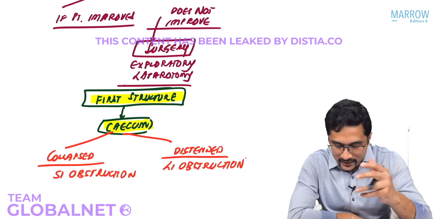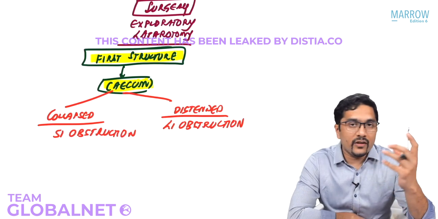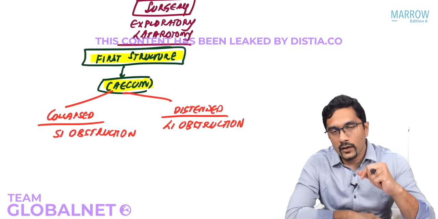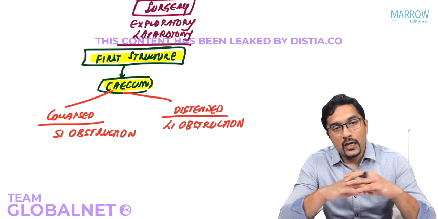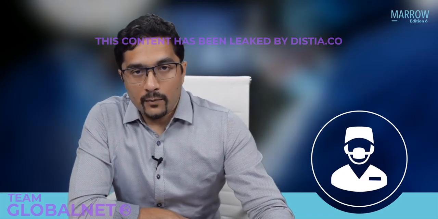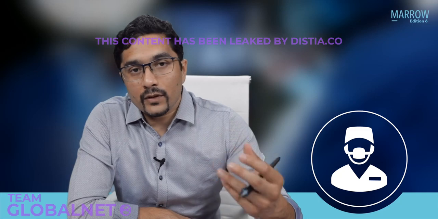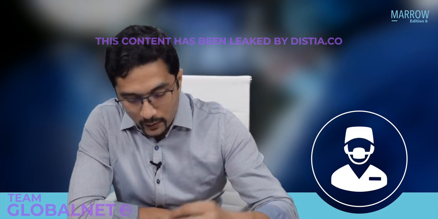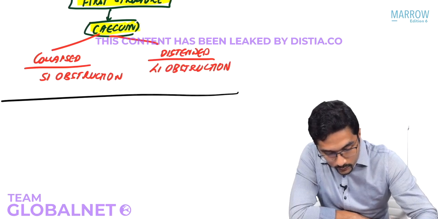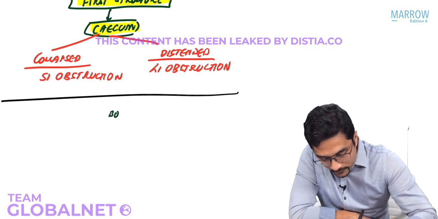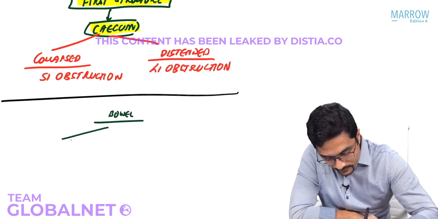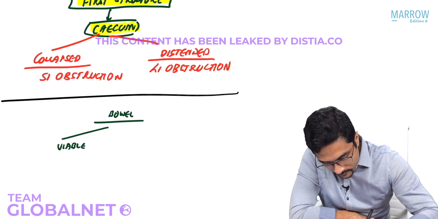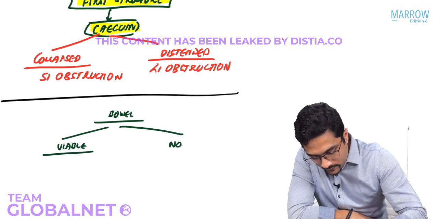Please remember this point, and that is how we can decipher whether we are dealing with a small intestinal or a large intestinal obstruction. Now, another thing, when we open up the abdomen, we've looked at the cecum first, but we also need to assess whether the bowel is viable or non-viable. So, how do we know if the bowel is viable or non-viable? What are the features which we need to look at?